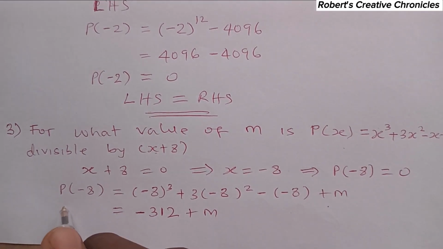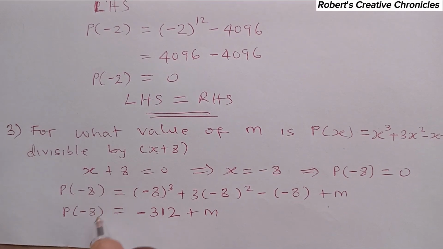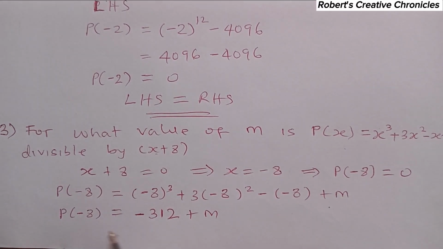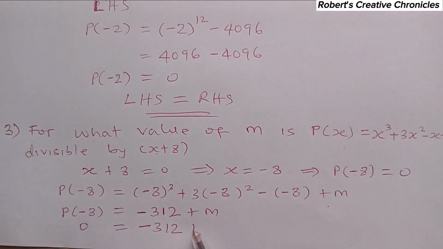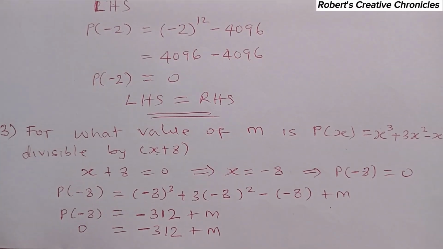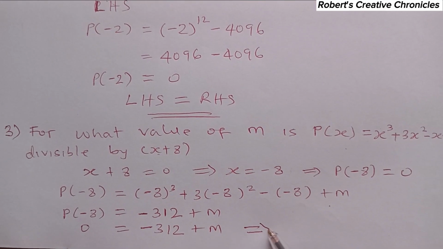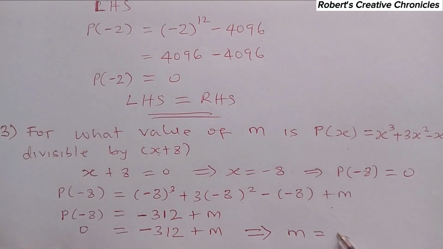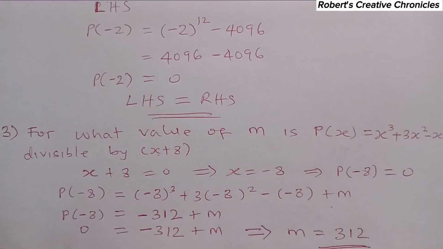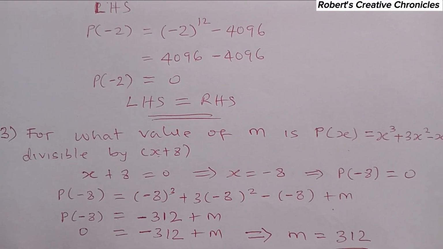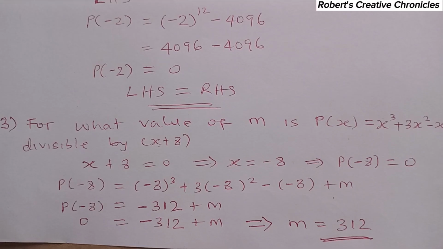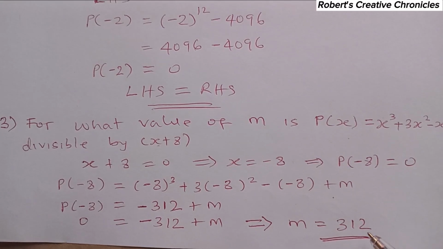You know that p(-8) is this. So now this is the same thing as 0 equals negative 312 plus m. So now m will be equal to 312. m now is equal to 312. Let's take it to the other side. So this is the final answer for exercise 3.